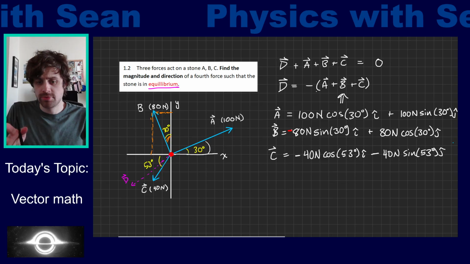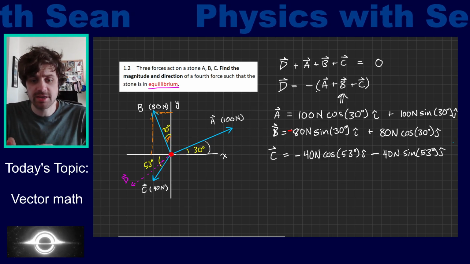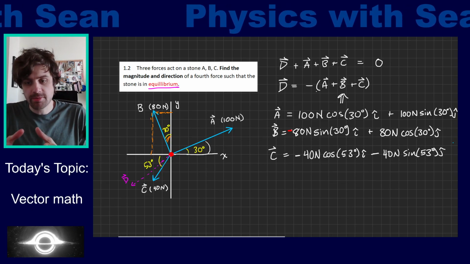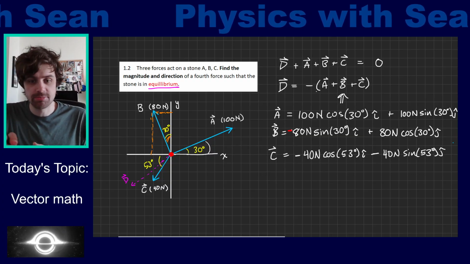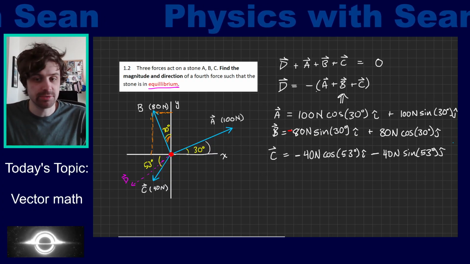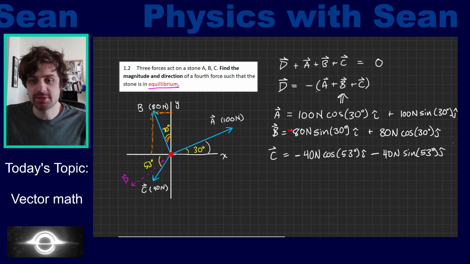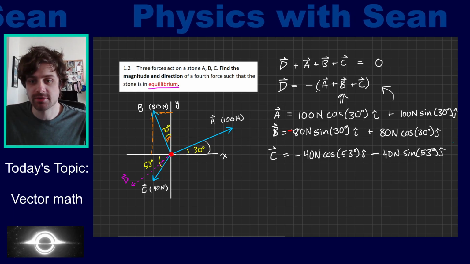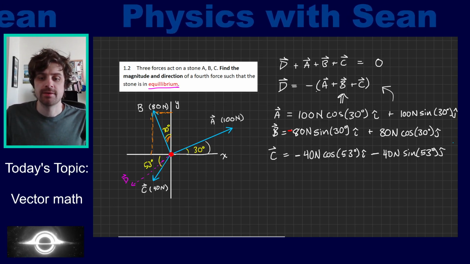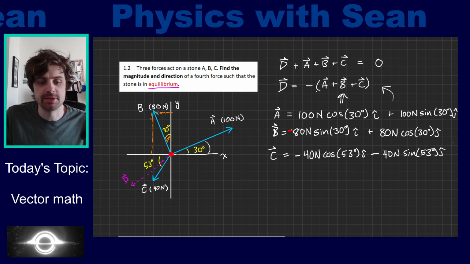So everything we have here for vectors A, B, and C, we can combine together with a calculator. We can multiply 100 newtons times cosine of 30, get that into a number, and boil this all down and put it into our equation for vector D. I'm going to do that off to the side, but just take my word for it.